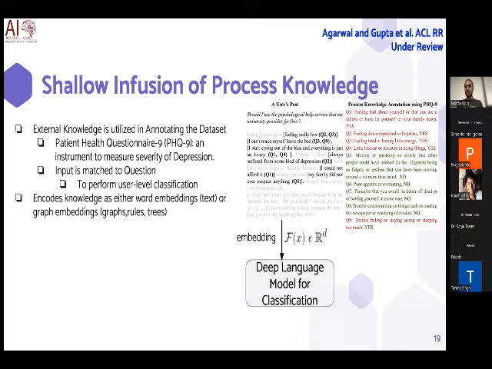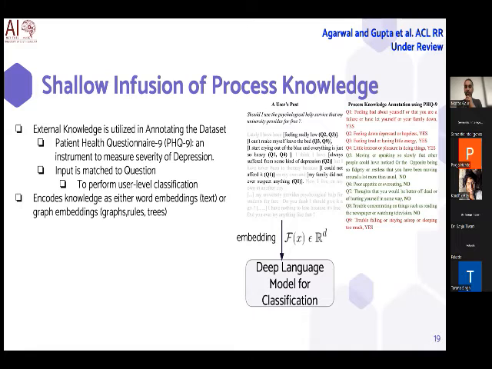Your task is how a model can identify these pieces of information correctly so that it can answer the questions in the PHQ-9. PHQ-9 is a depression questionnaire, just like anxiety and suicide have questionnaires. Depression also has a questionnaire. This is a 9 question questionnaire.